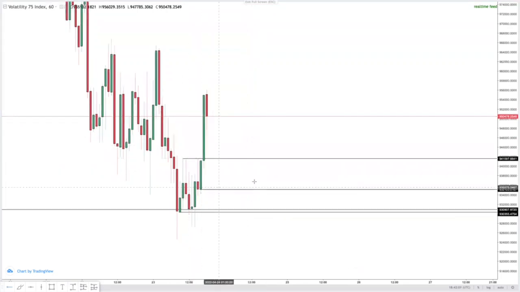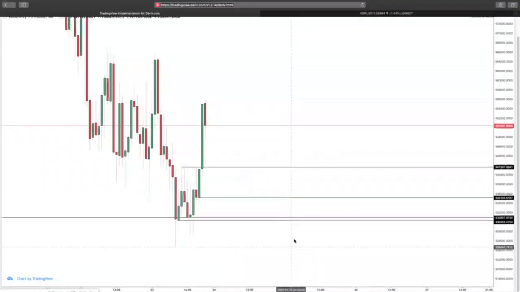So any of these two could be our re-entries to create more highs tomorrow.